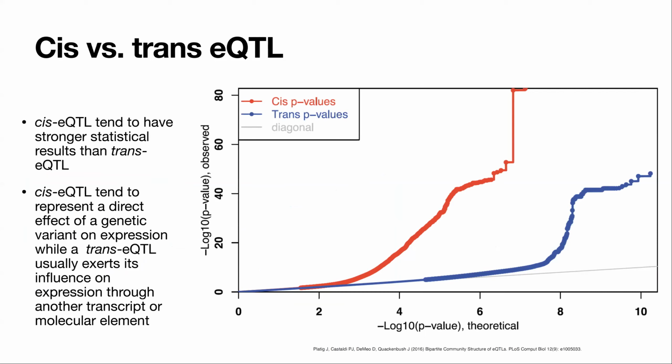So if the effect is more direct to the gene and doesn't have to act through an intermediate, then it's likely to have a stronger statistical effect than it would if it has to go through another transcript, another protein, or a more indirect route to controlling that expression.